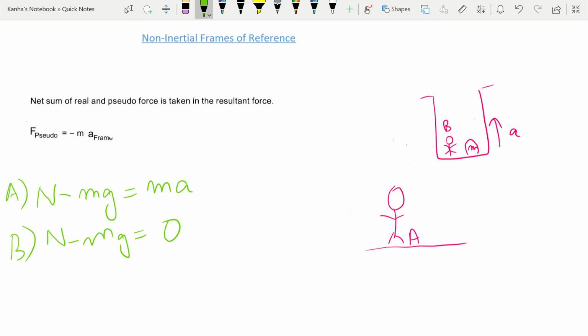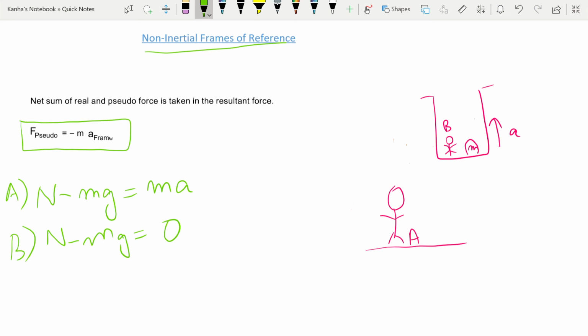But there is a catch here. This is a non-inertial reference frame. So for a non-inertial reference frame, if you still want to apply Newton's equations of motion, what you do is add to your equation a pseudo force, which is equal to the negative of the mass times the acceleration of the frame.